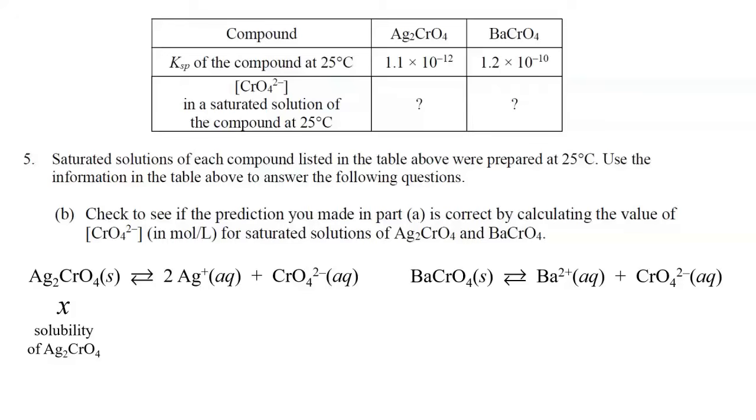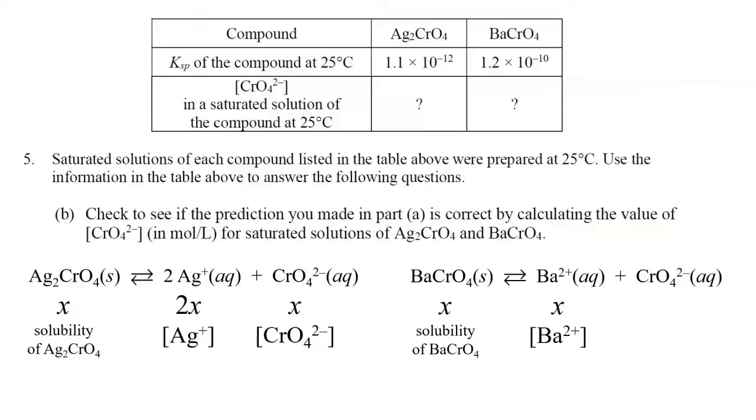So for silver chromate, x represents the solubility of the entire silver chromate compound. 2x represents the concentration of silver ions in that saturated solution, and x represents the concentration of chromate ions in that saturated solution. Now for barium chromate, x represents all 3: the solubility of the entire compound, the concentration of barium, and the concentration of chromate, because of the 1:1 mole ratio.